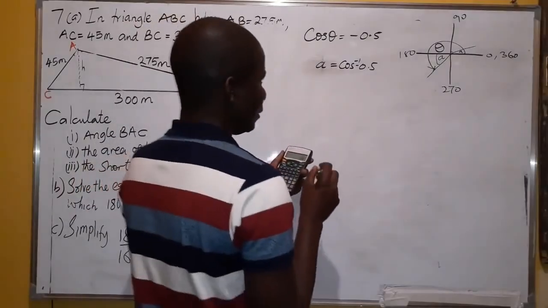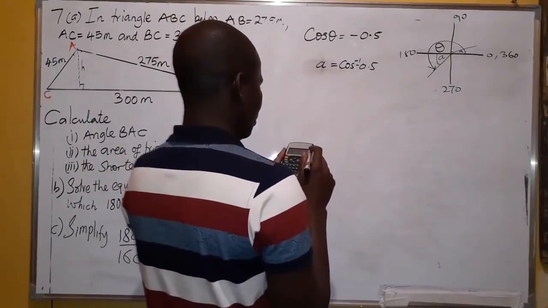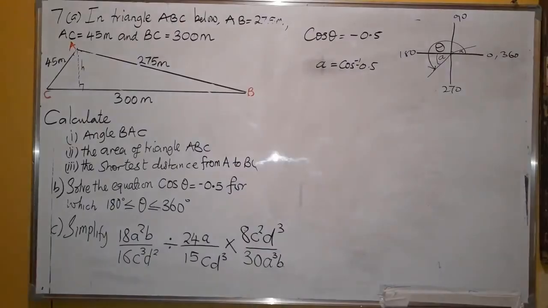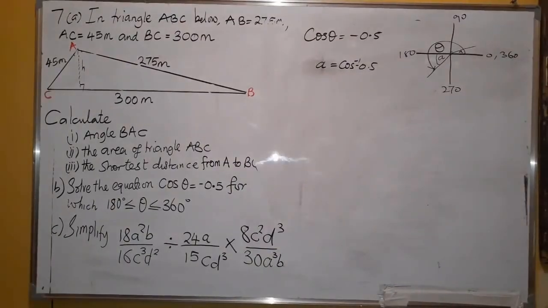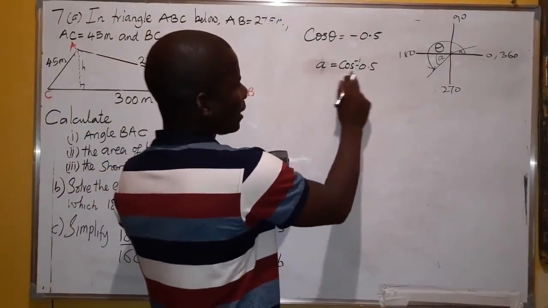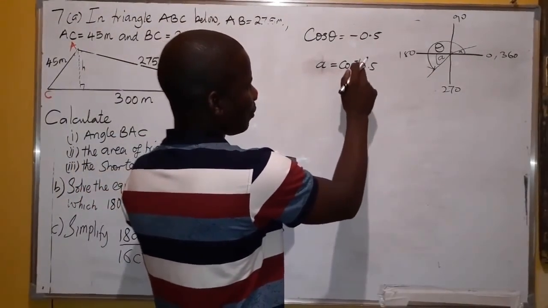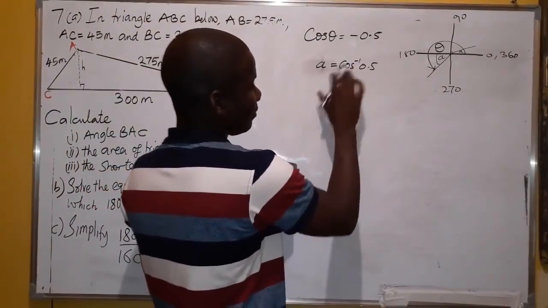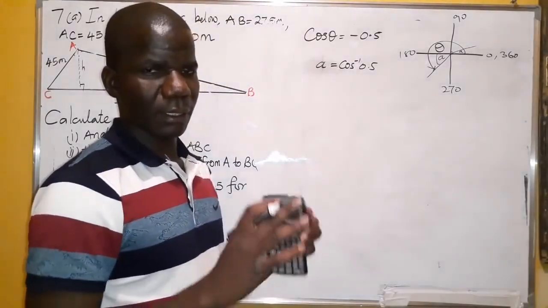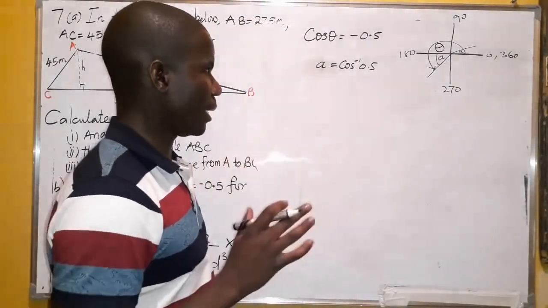So this gives us, okay, let me look at this one. Okay, so when we are working this part, take note, we are not supposed to put a negative. A negative is just there to guide us on the quadrants, okay? The quadrants where theta must lie.